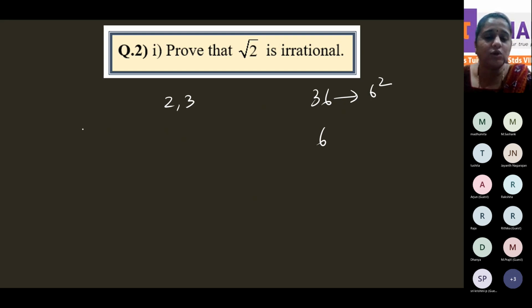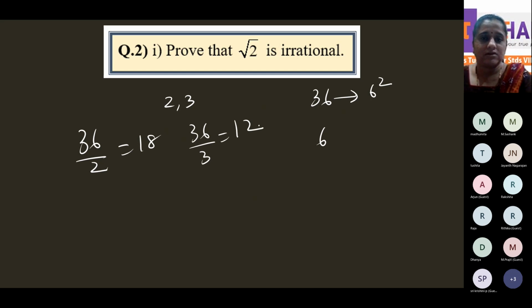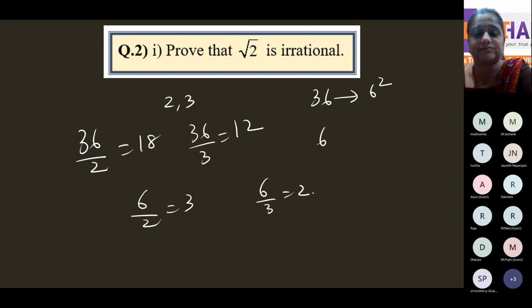And 2 and 3 divide 36. 36 by 2 is 18. 36 by 3 is 12. So the primes 2 and 3 divide 36. That means the same primes 2 and 3 will divide 6. Yes, 6 by 2 is 3, and 6 by 3 is 2.